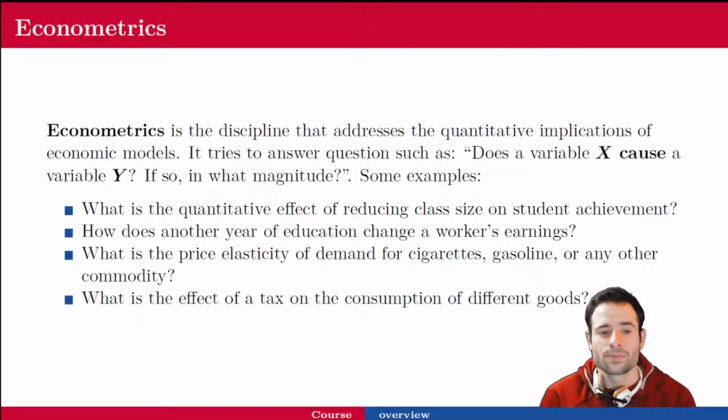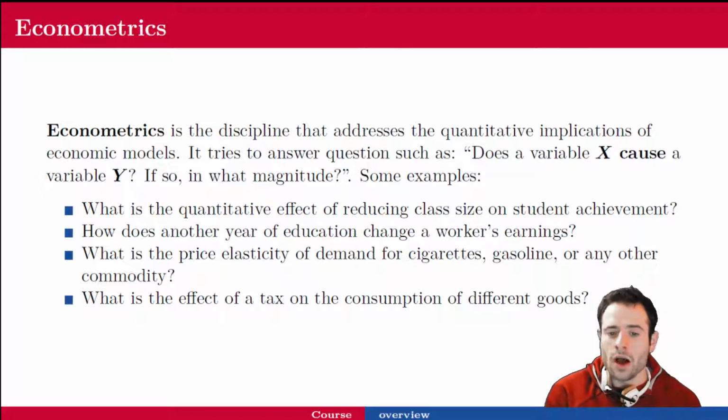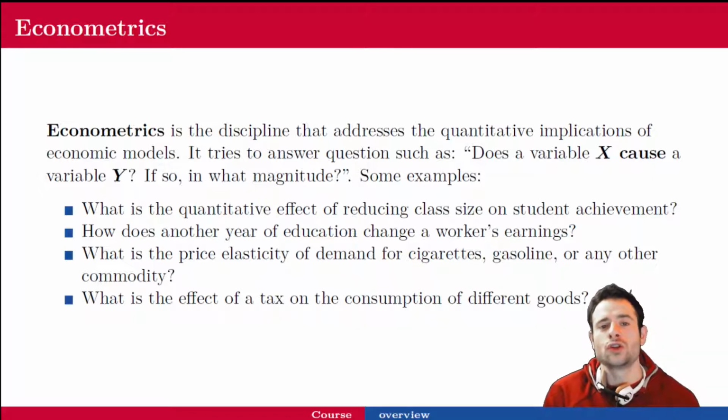Couple of examples. What is the quantitative effect of reducing class size on student achievement? We know that, and it's a fact, it's been reported that lower class sizes tend to increase student performance. And now we can think about the reason why.